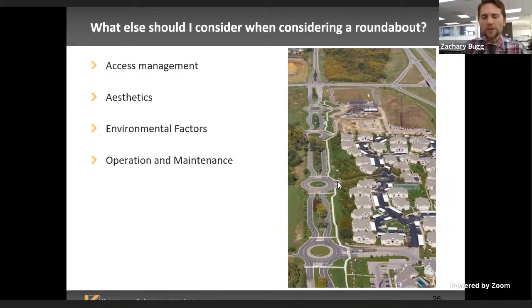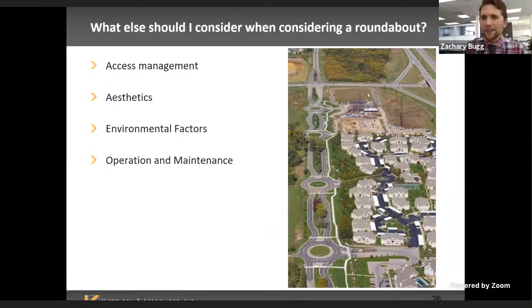Aesthetics: people have used the landscaping and green space ability of roundabouts, especially that central island. Environmental factors: there are less impermeable, impervious surfaces with the roundabout compared to a signal. And then I hinted at the operations and maintenance piece. What do you have to do at a signalized intersection every 3 to 5 years?